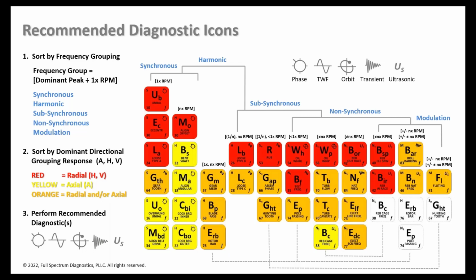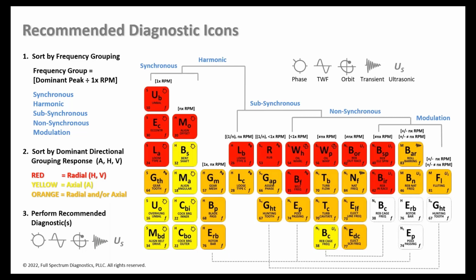The first thing we want to do is sort for what type of application we're looking for. Typically, this is a synchronous or harmonic type ODS process. We're going to look at the synchronous. There are about 11 different synchronous problems, and a couple more looseness problems that are harmonic, and a natural frequency problem.